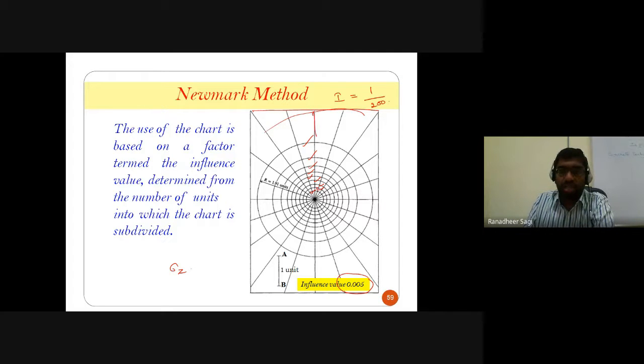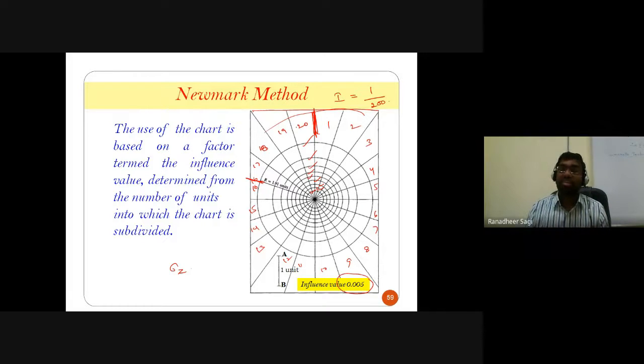Let me start from here. Element 1, 2, 3, 4, 5, 6, 7, 8, 9, 10, 11, 12, 13, 14, 15, 16, 17, sorry, here it should be further extended. This radial line is stopped in between. So this is 16, 17, 18, 19, 20. So each concentric circle is divided into 20 elements.